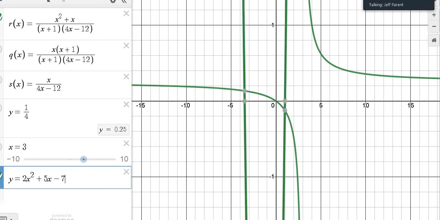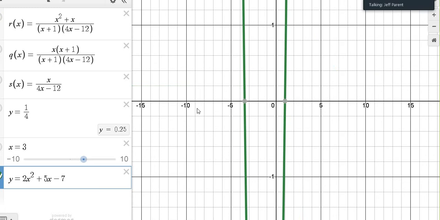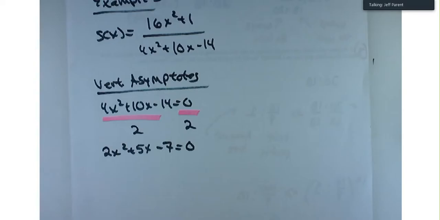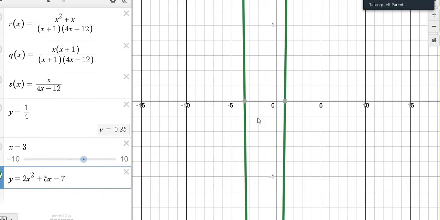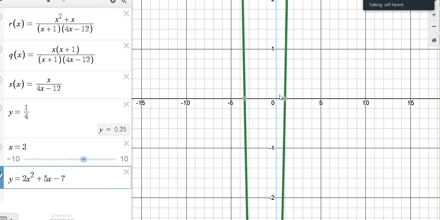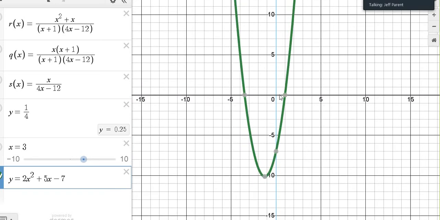I'll shut this graph off here. And what I'm looking for is where this actually equals 0. That's going to equal 0 exactly where this graph crosses the x-axis. So let's see if I get lucky and get a couple nice easy points. Bam, I do. 1 and -3.5.